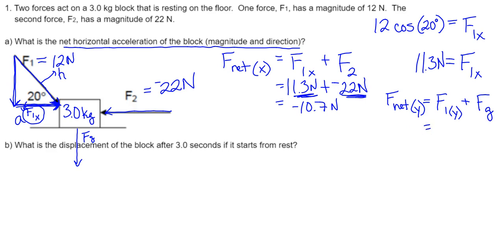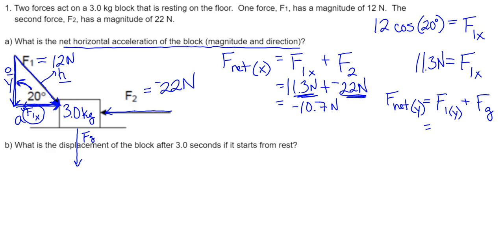F1 in the y direction, we're going to find using the sine function, because in the y direction we're looking at the side that is opposite the angle, and opposite over hypotenuse is the sine function.